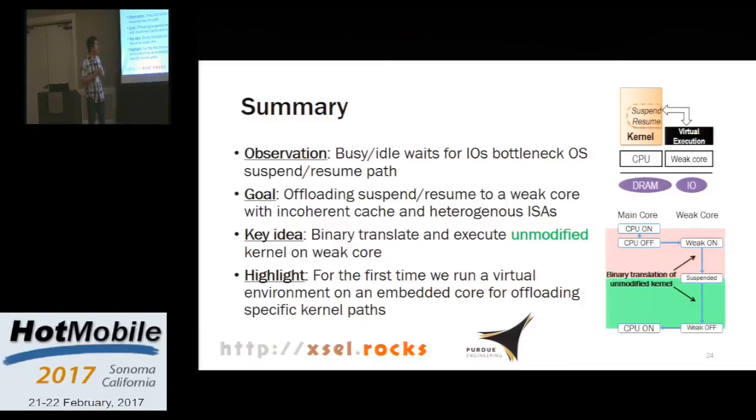The key idea of our approach is to binary translate and execute a modified kernel on the weak core. For the mobile community, we can vastly improve the energy performance during suspend and resume. And more importantly, for the OS community, we are the first to build and run a virtual machine on a weak core. No one has done this before.